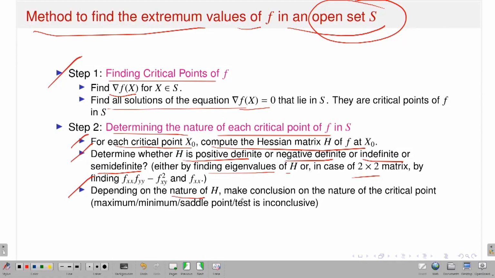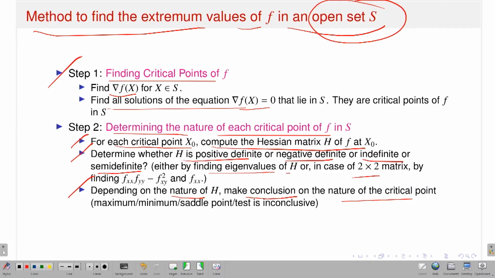With that you classify which category your Hessian matrix falls in, and depending on the nature of H, make conclusions on the nature of the critical point. That means it is either local maxima, local minima, saddle point, or the test is inconclusive. So, that is the method.